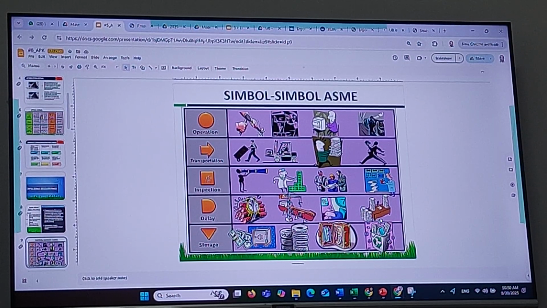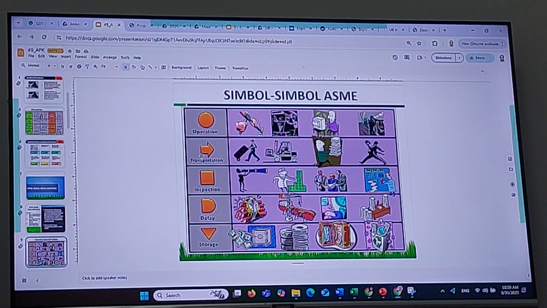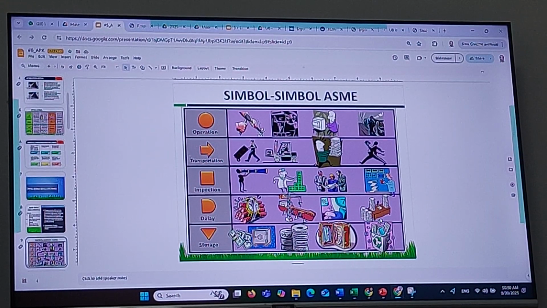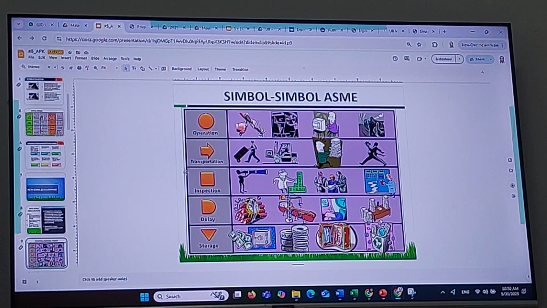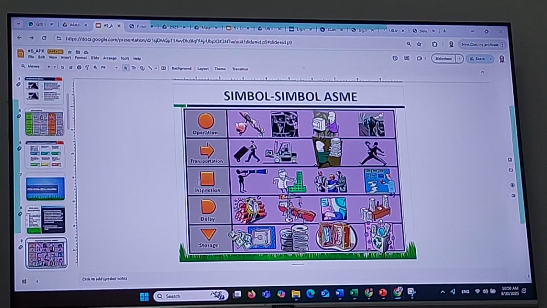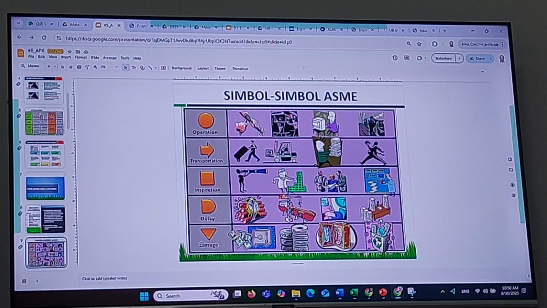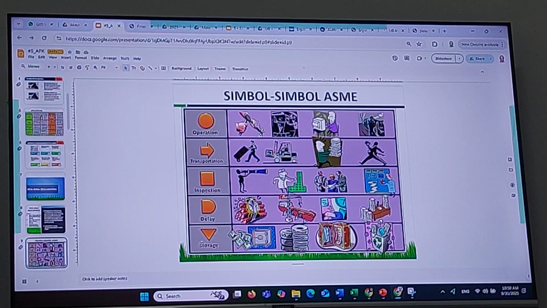Circle means operation or process. Second is transportation. Then inspection. Then delay, like D. And storage is the triangle. Easy, right? Only 5.